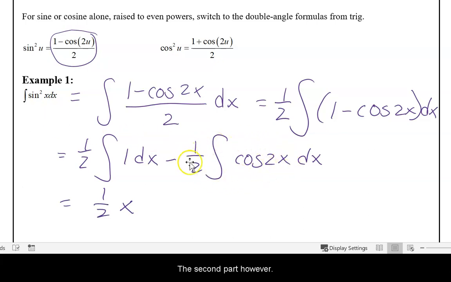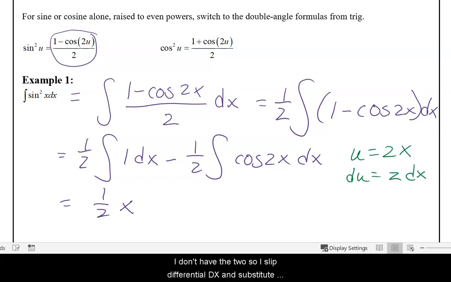The second part, however, does require u substitution because the argument to the trig function cosine is not x by itself. Thus, I need to write this as a u substitution where u becomes the argument 2x, which makes du be 2 dx.